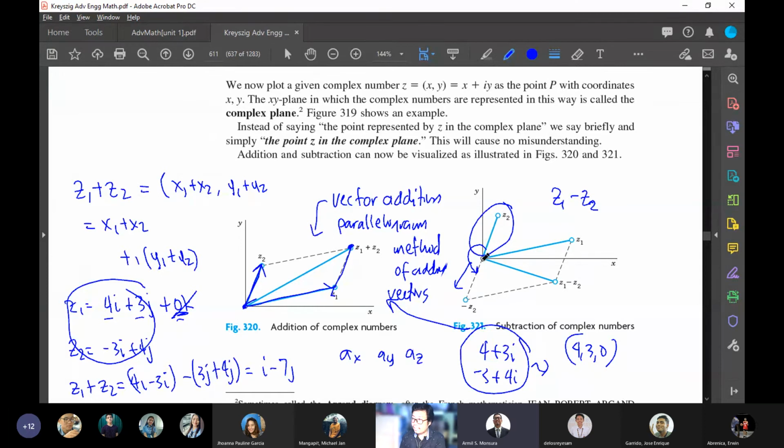These two are of the same length. Pero magte-terminate yan dun sa opposite side ng line niyo. And then you can proceed as in addition. So ilalagay natin siya sa end nung Z1 and then we will form this line to get the sum of the difference of Z1 and Z2. Is this clear?